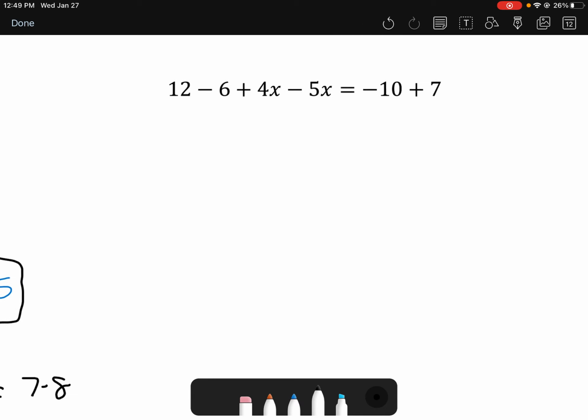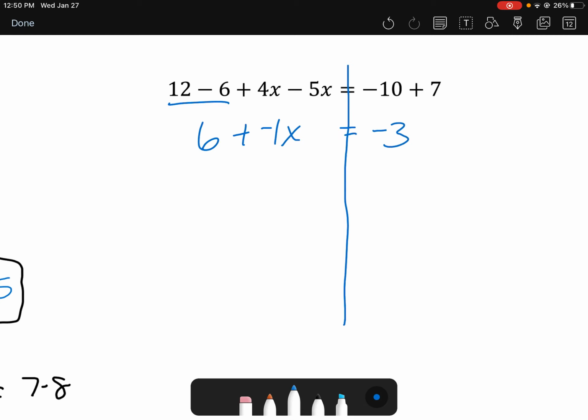And then for the next one, I'm going to go ahead and draw a line down the middle so I don't get anything crossed together. I have 12 minus 6, or 6, plus 4x minus 5x, which is -1x. And that's equal to -10 plus 3, or -3.